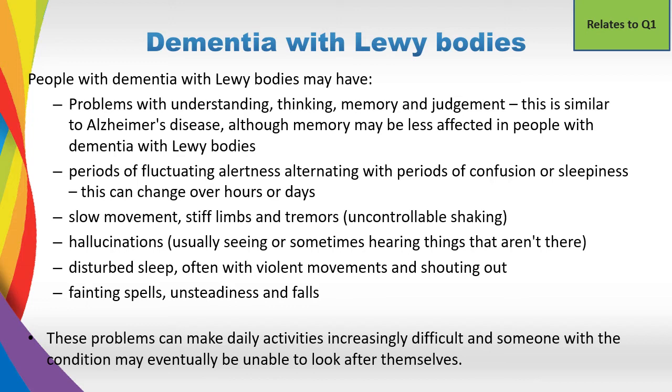They may have hallucinations, usually seeing or sometimes hearing things that aren't there. They could have disturbed sleep with violent movements and shouting out. They could faint, be unsteady and have falls. These problems can make daily activities such as washing, dressing, mobilising and toileting very difficult, and someone with the condition may be eventually unable to look after themselves.